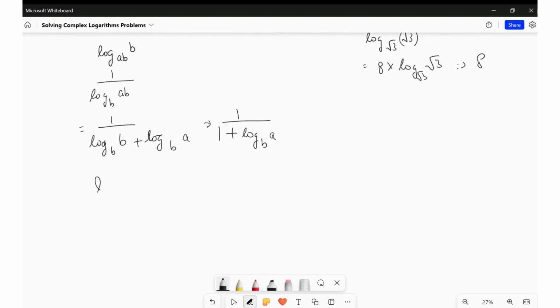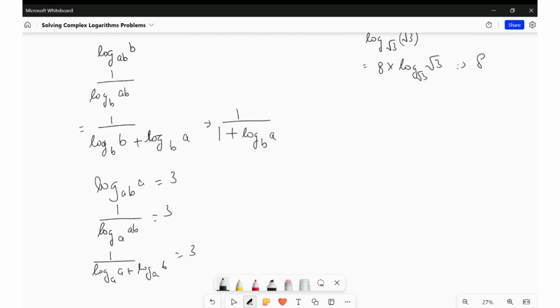Now we know that log a base ab is 3, right? So 1 by log ab base a is 3. Now log a base a plus log b base a, so 1 by 1 plus log b base a is 3.